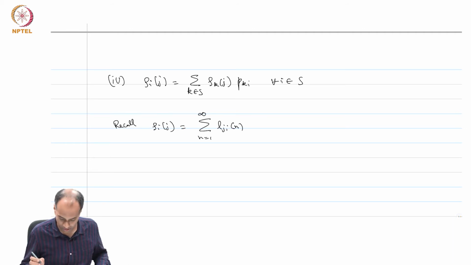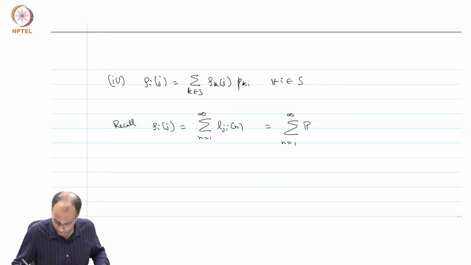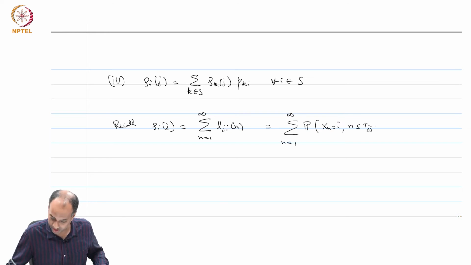Now, I am going to condition on this. This is nothing but the sum over n equals 1 to infinity; let me write this out, of the probability that X_n equals i, n less than or equal to T_jj, given X_0 equals j.